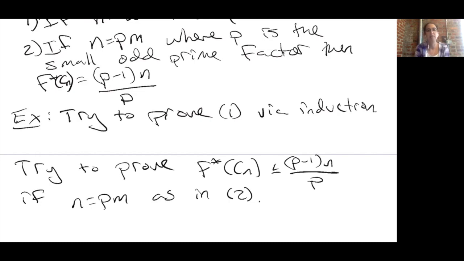That means there's some strategy the director can take where they will guarantee at least n over p vertices are never visited. So try to think of nice sets of size n over p and make a strategy that will always guarantee that the director can promise those vertices are never hit.